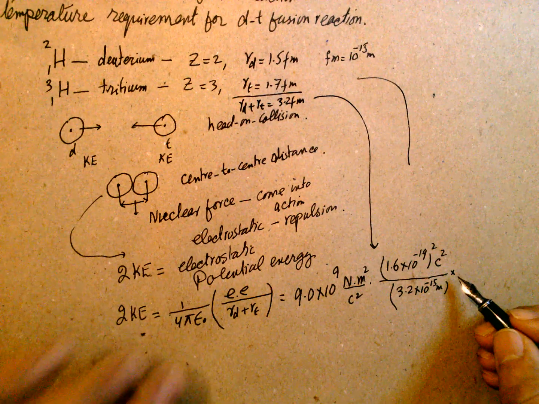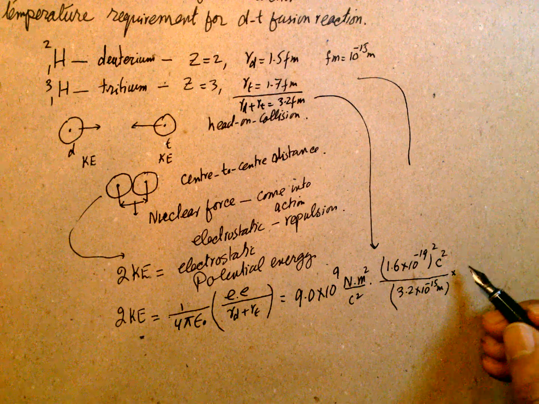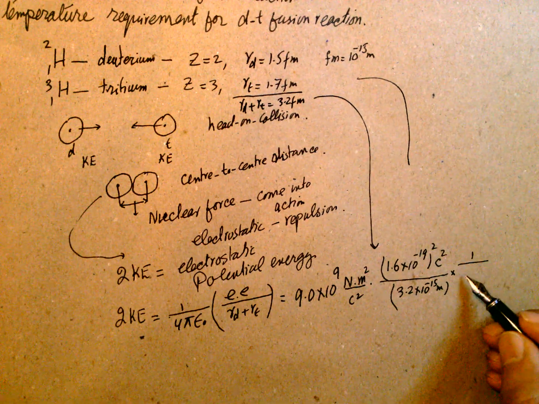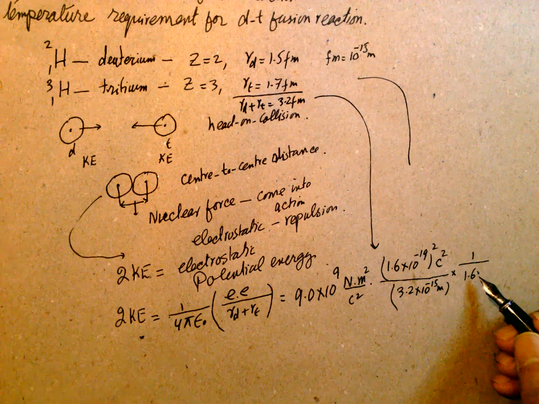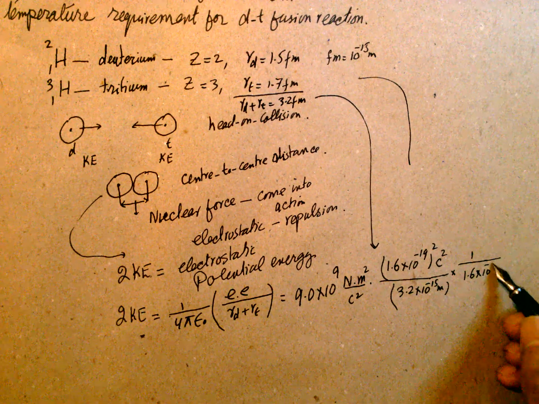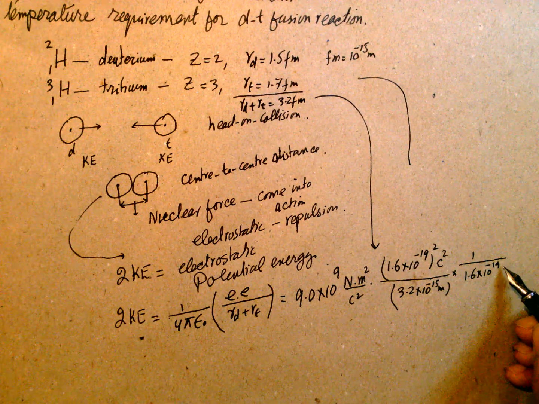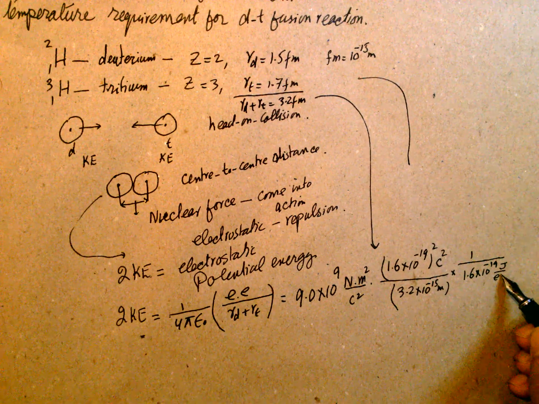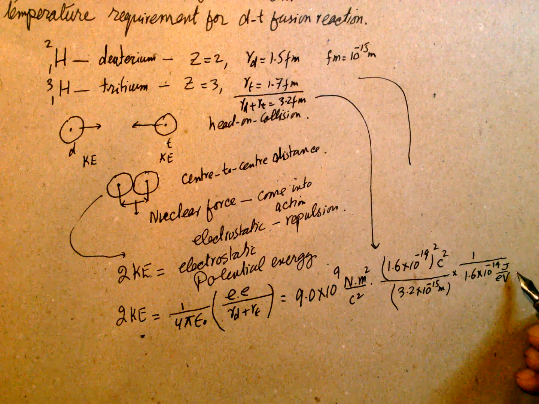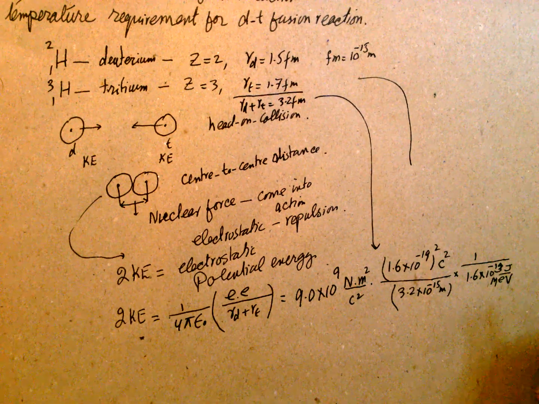into converting it into million electron volt, 1.6 into 10 to the power minus 19 joule per electron volt, 13 million electron volt.